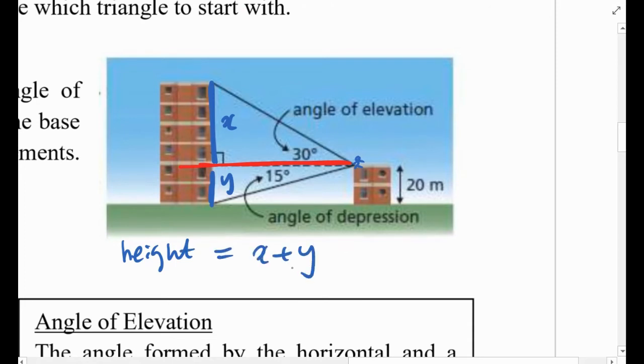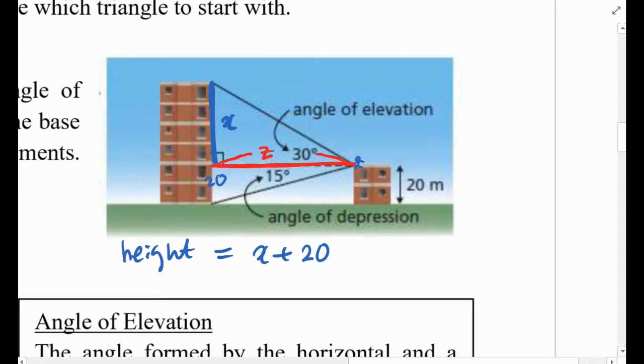Okay? And what we know is 20 meters, which is y. So this is 20 meters. All we need to do is find x and add 20. To find x, we want to know the length from here to here.